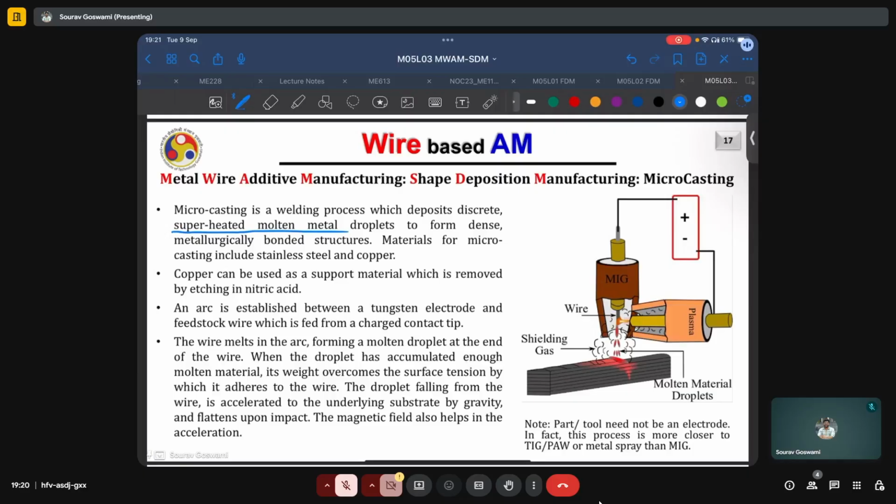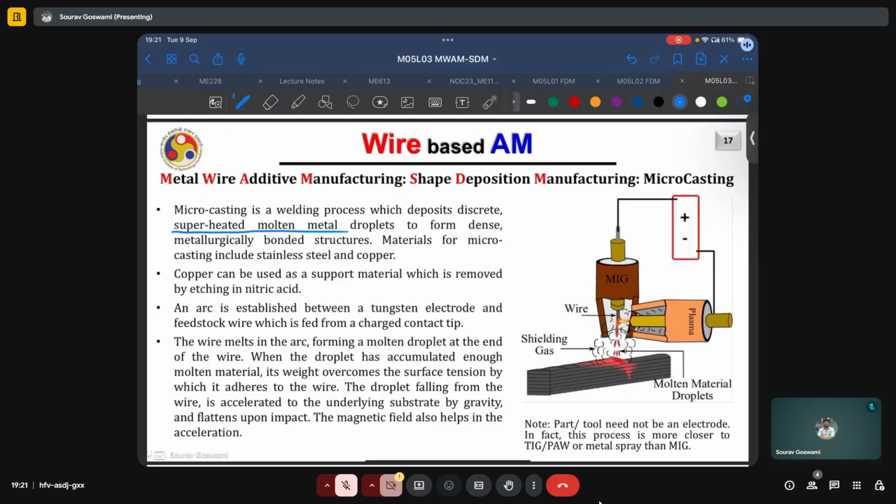You also needed to melt some volume of the pre-deposited layer or substrate in order to have dilution. In the absence of proper dilution, which is typically between say 10 to 30%, the metallurgical bonding between the deposited material and the pre-deposited layers or the substrate material will be very weak, and the part will have poor mechanical properties.